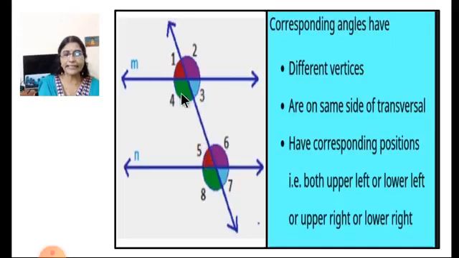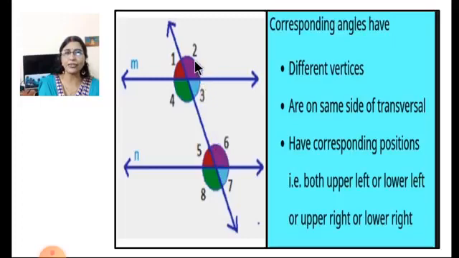Now same way, if I take this one, angle 4 will be corresponding to angle 8. You can see here this is on lower left side of the transversal and this is also on the lower left side of the transversal, and they have different vertices. So we can say angle 4 is corresponding to angle 8. Same way here you see angle 2 will be corresponding to angle 6 because this is on the upper right side of the transversal and this is also on the upper right side of the transversal.